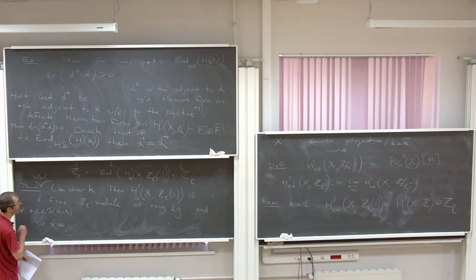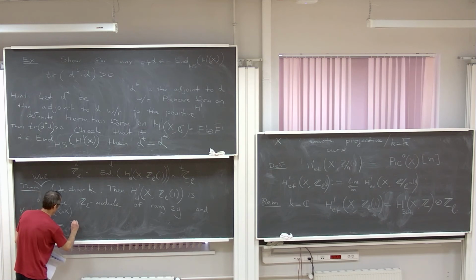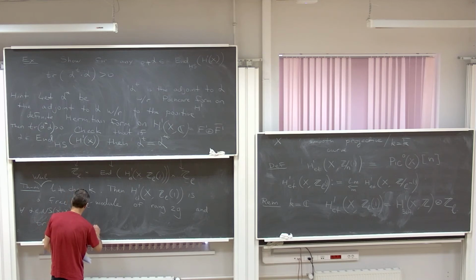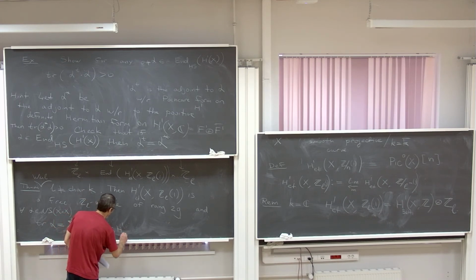So it's equal to the sum over i from 0 to 2 of (-1)^i times the trace of alpha star acting on H^i étale.